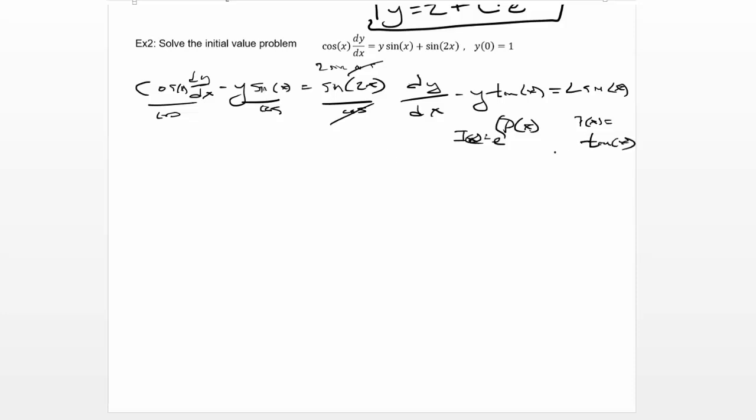Or maybe more properly minus tangent. So I can make this plus negative.